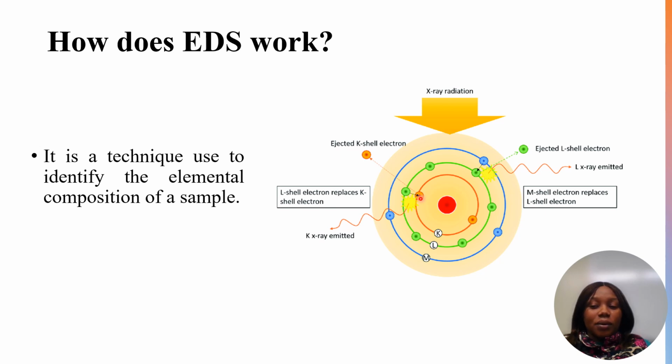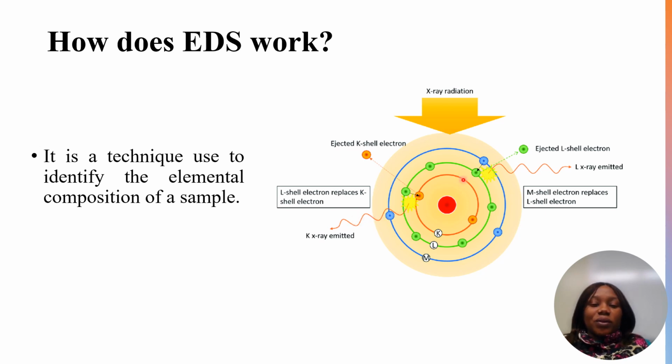The electron from the higher energy shell is going to go down and fill in that hole. The difference between the higher energy shell and the lower energy shell is released in the form of X-ray, and that is measured using the EDS.